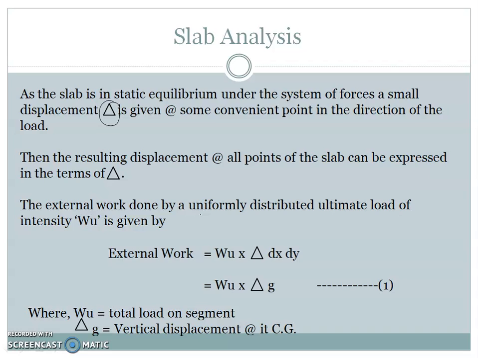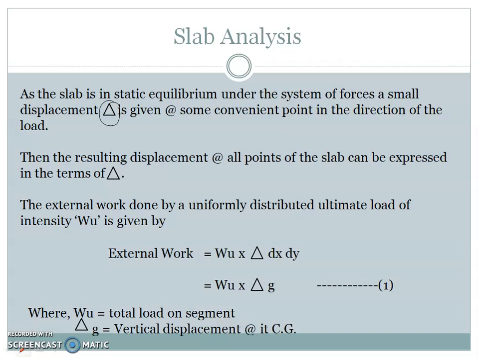Okay, so the resulting displacement at all points of the slab can be expressed in terms of delta only, that is the displacement given. The external work done by a uniformly distributed ultimate load of intensity Wu is given by the total load into the displacement.